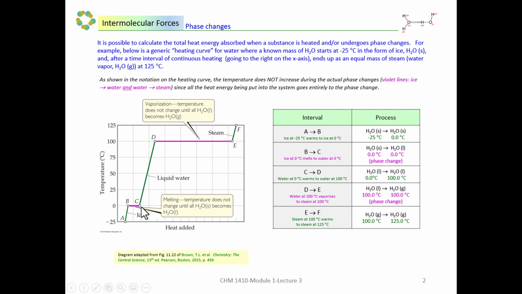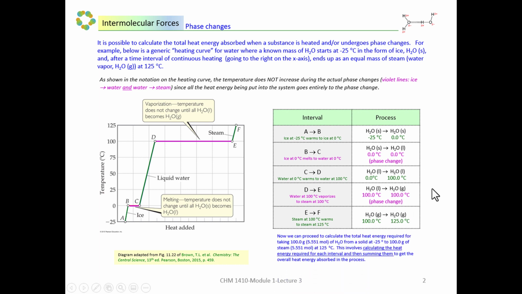That's consistent with statements we made on the previous slide. So we have H2O liquid at 100 going to H2O gas at 100, a phase change. We want to continue to heat the gas from 100 to 125, and we can signify that in interval E to F and an associated equation.